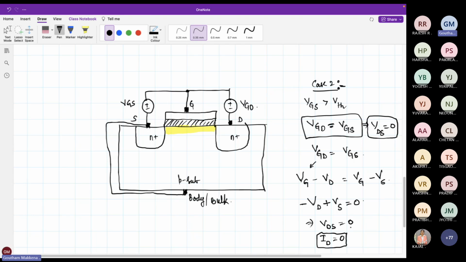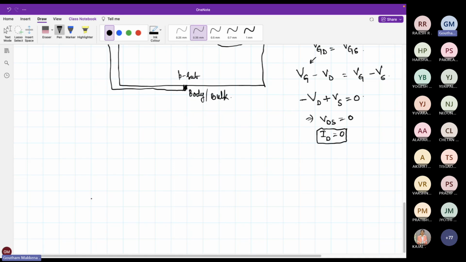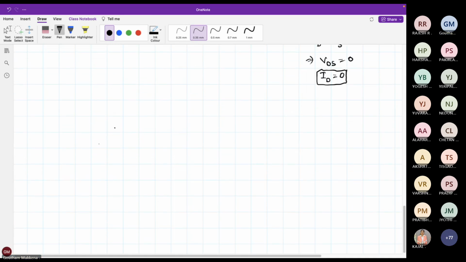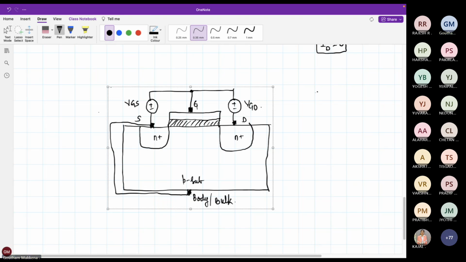Let us move to the next case. Case 3. Let us take this scenario.